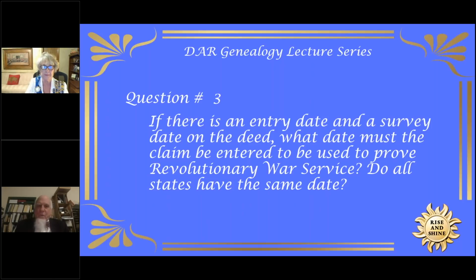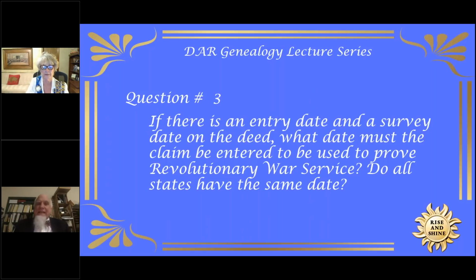That's not a military warrant. That's somebody buying land. When the person who gets the grant or the bounty land sells it, that's when the first deed is created. So it doesn't matter. None of those things are necessary to prove Revolutionary War service.